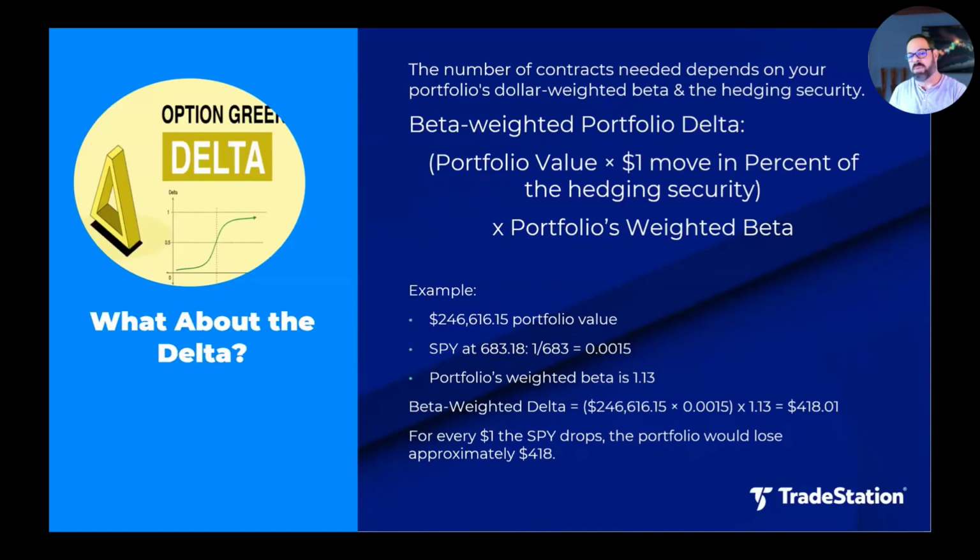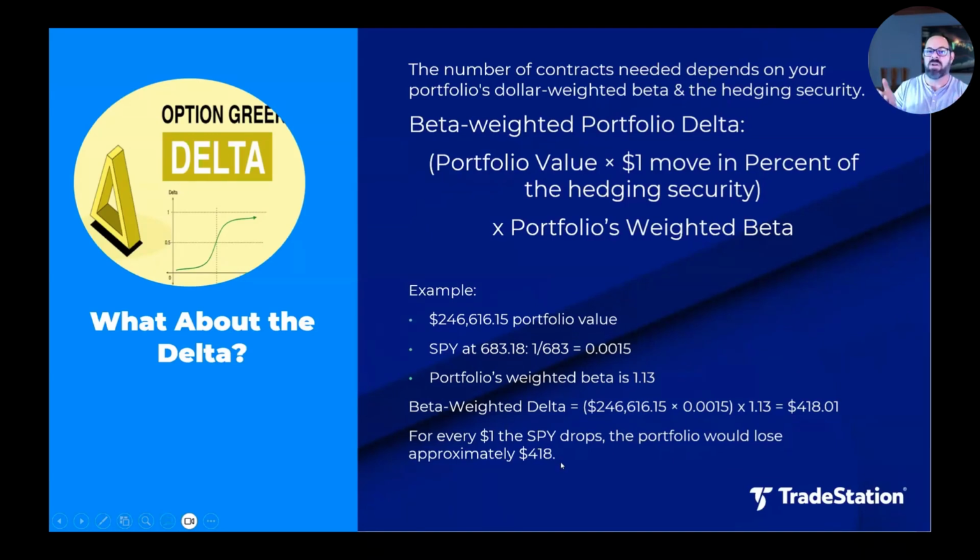And the portfolio's weighted beta, as we saw, was 1.13. Again, 13% more volatile than the S&P. So plugging in all the numbers is basically telling you how much the portfolio would lose for every $1 the SPY drops. In this case, that particular portfolio with its volatility and what it contains, every time the SPY drops by $1, that would lose $418 of value.